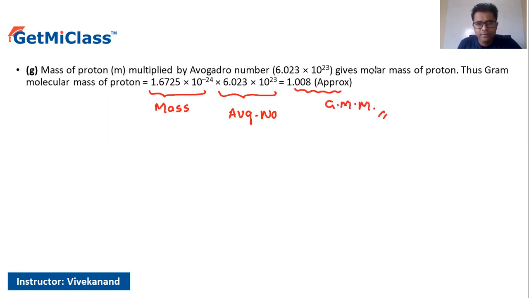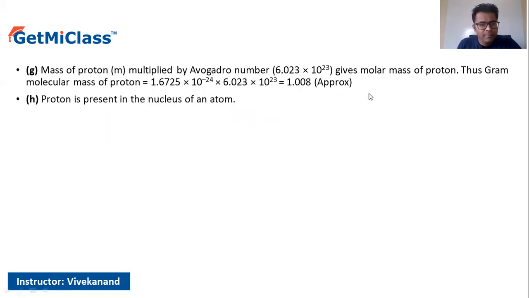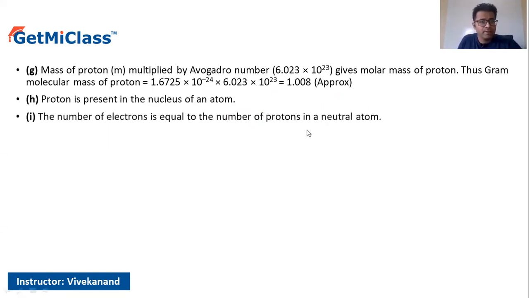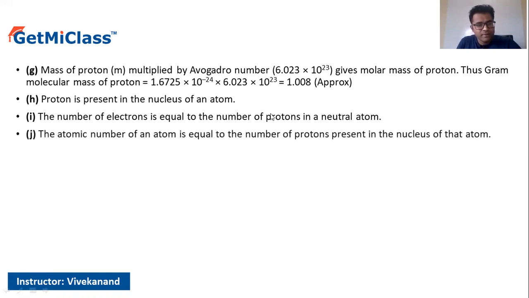Second, the proton is present in the nucleus of an atom. The number of electrons is equal to the number of protons in the neutral atom. The atomic number of an atom is equal to the number of protons present in the nucleus of that atom. So the atomic number is nothing more than the number of protons present in the nucleus of that atom.